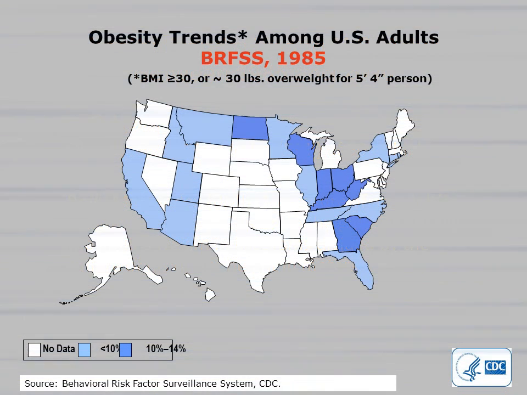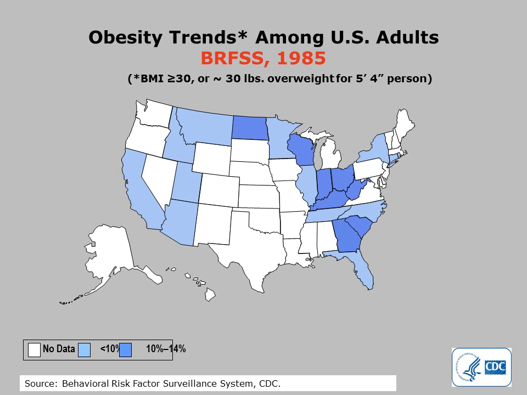Now, somebody who's 5'4" and 30 pounds overweight, you might not look at them and say they're obese, but that's not the point here. The point is that the CDC kept that as a strict criterion throughout this study. It started way back in 1985, and I'll show you data until 2010.